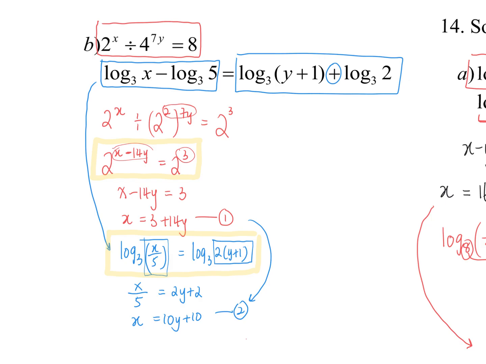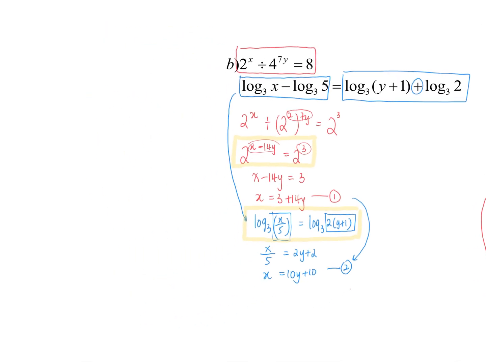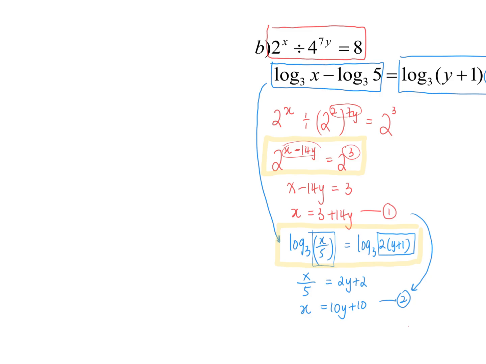Okay, part C. I just copy the question so I don't have to go over it. ln(3x minus y) is 2 ln 6 minus ln 9. First equation. When you see ln, it works like log, so don't worry about it.